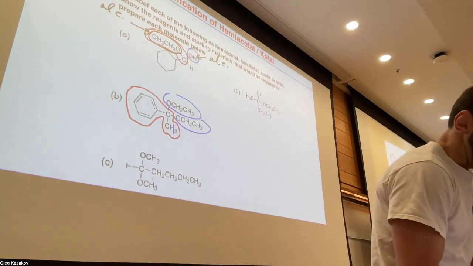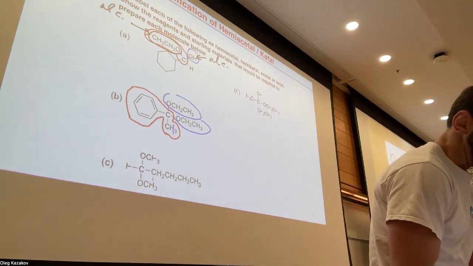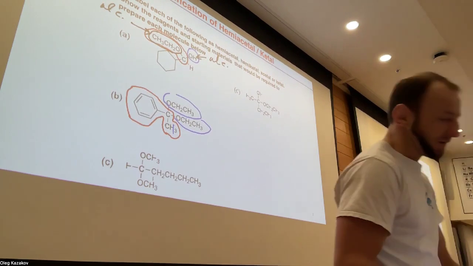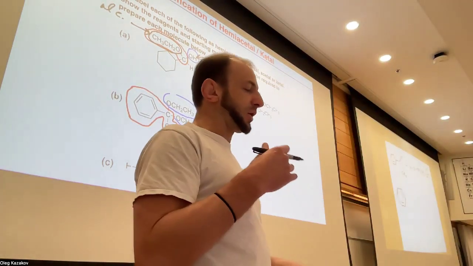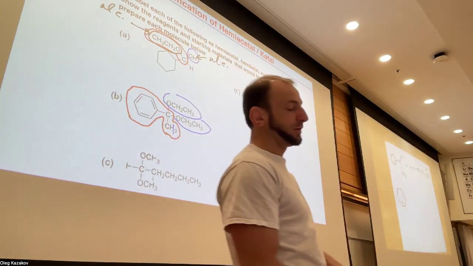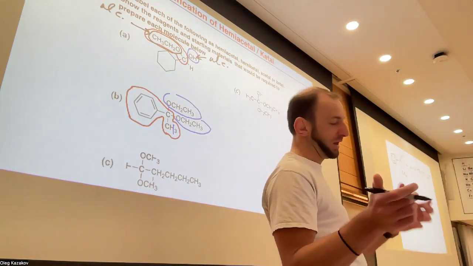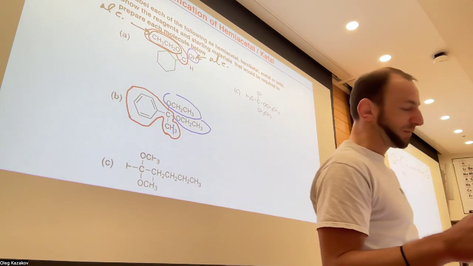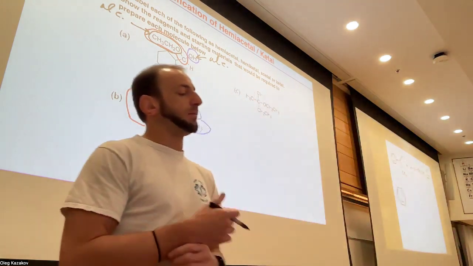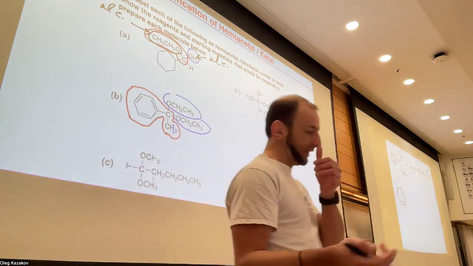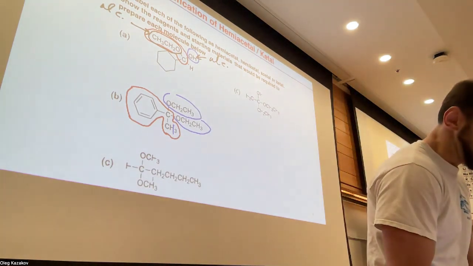Here we go. This is our first product, which will be a hemiketal, right? Because we react the ketone and one molecule specifically of alcohol, it's going to be a hemiketal, because we can still add the second molecule of alcohol and make a ketal. That's just how the convention went.